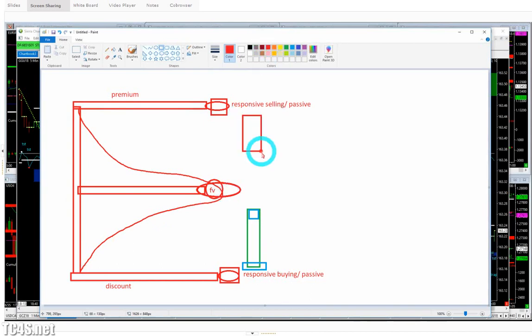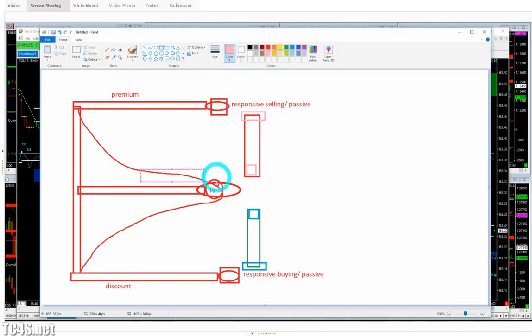Coming off the top edge, I would expect to see a candle that looks more like this. I would expect to see a candle that looks like exhaustion and absorption at the bottom, because the volume is going to be increasing during that period. So the volume here should be higher than here. That volume must be getting absorbed by somebody as it comes down to fair value. Why?